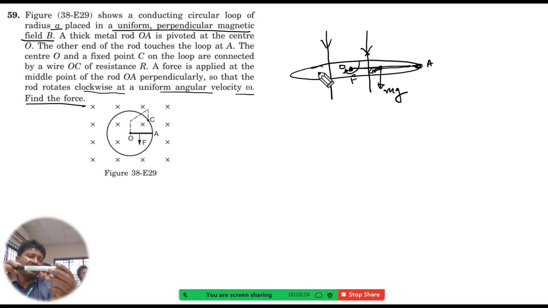To move it, the weight acts perpendicular in this direction, and we applied force in this direction so that it will rotate. If we keep it vertical, the applied force won't do anything because it is hinged.